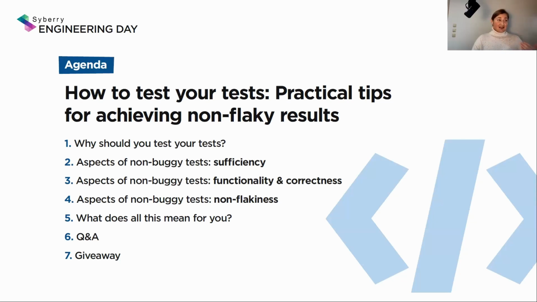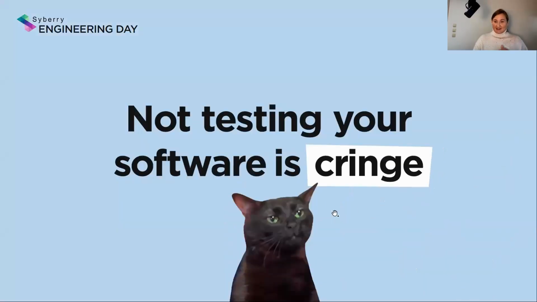Okay, so let's start with the simple truth. Not testing your software is cringy. Everyone does it, because errors in software are costly, and engineers find better and faster ways to test their code.